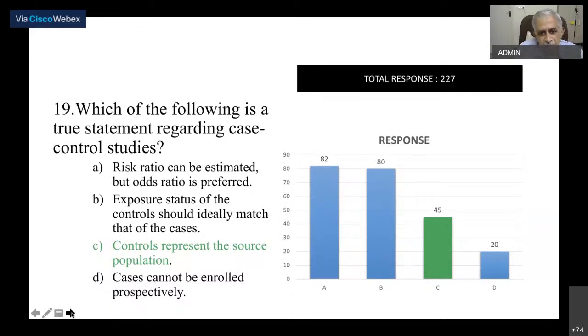You take both cases and controls, see how many are exposed or non-exposed, then go back and see what has happened. So look back. That is a case control study. Only 45 people have got it correct. Majority of the people were wrong. So please correct. I think after the session, the majority of the people would have got the answer. Next.